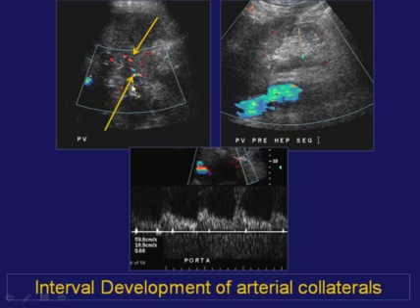But very interestingly, all of a sudden, with this patient who had a known hepatic artery thrombosis, we were able to visualize numerous small arterial vessels all over the porta hepatis and obtain relatively normal-looking waveforms, normal resistive index, a slight delay in upstroke. So this is the interval development of arterial collaterals.